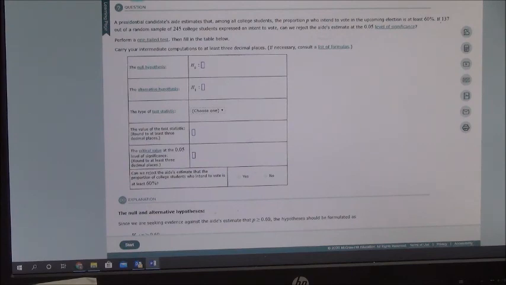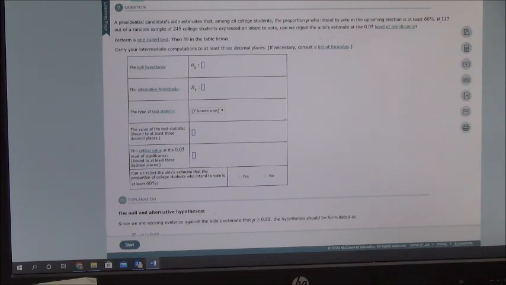We are going to perform a one-tailed test. The null hypothesis, because the claim says is it at least 60%, and at least would be greater than or equal to. So my null hypothesis is that P is greater than or equal to 0.60.